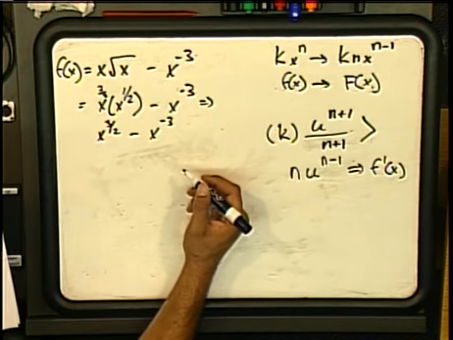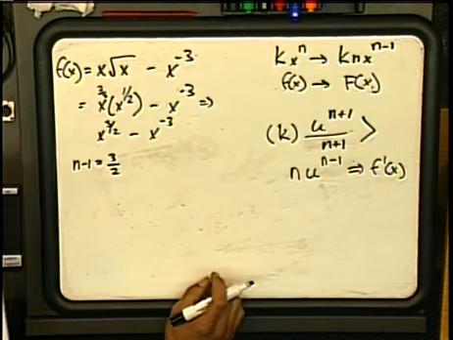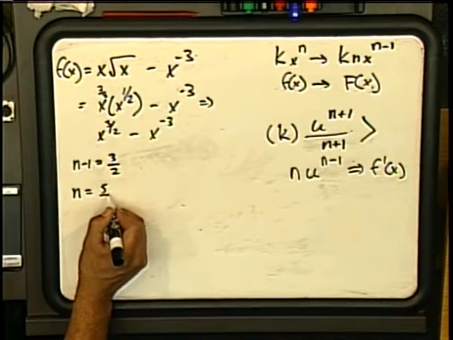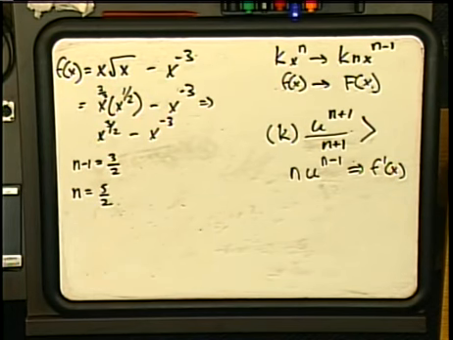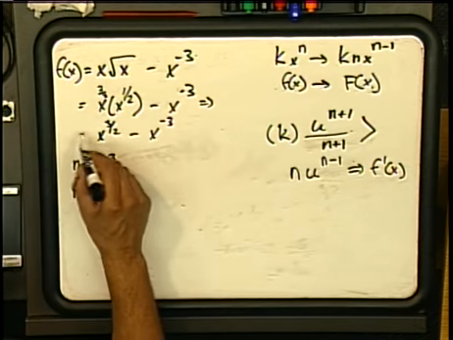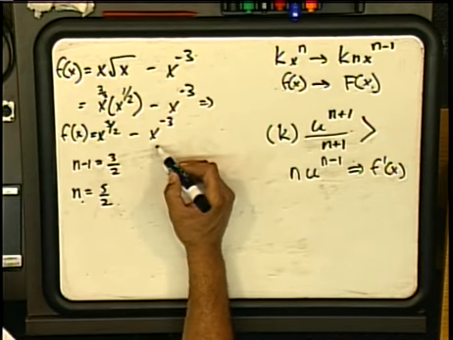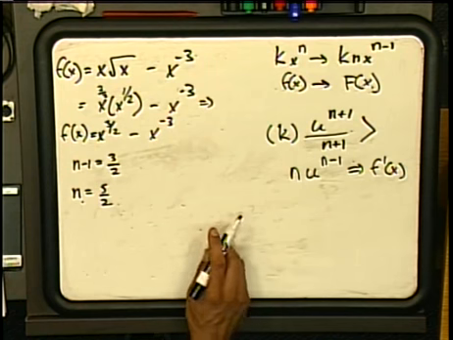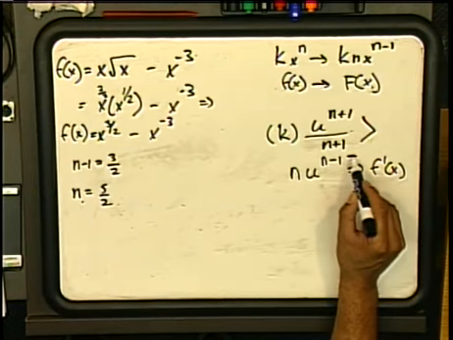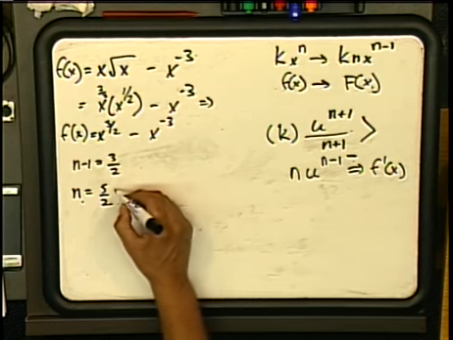And then he lists n minus 1 equals 3/2. And n equals 5/2. So to find n from this, you would have to add 1 to it. Because the derivative goes this way, n minus 1. So the antiderivative, we want to add 1 to it to find n.